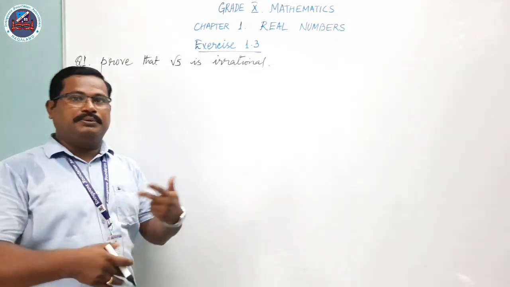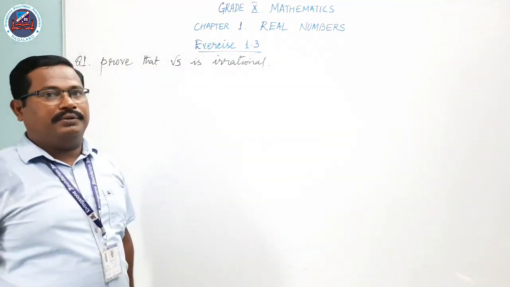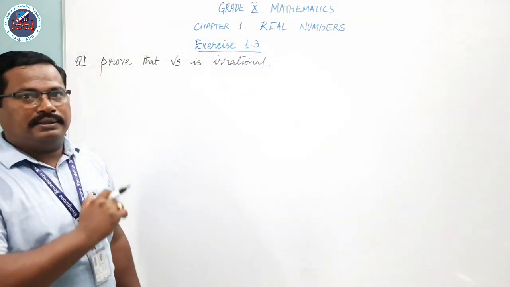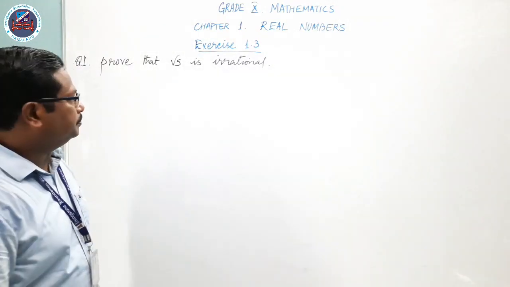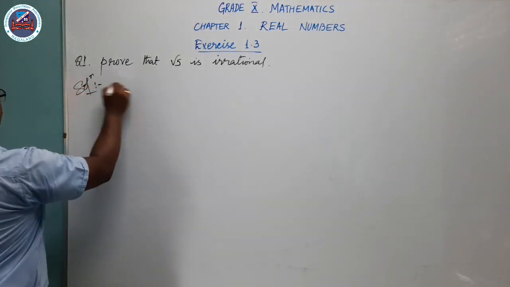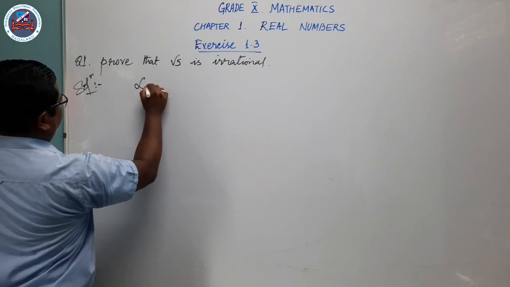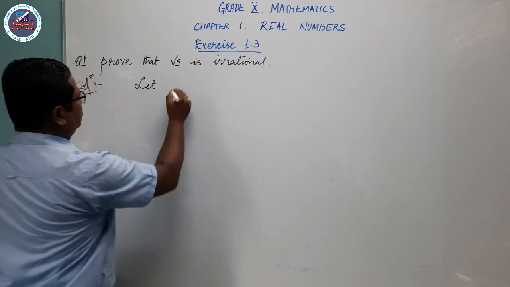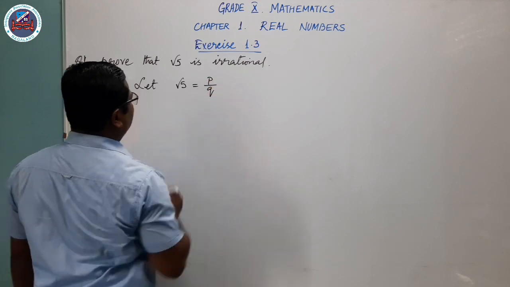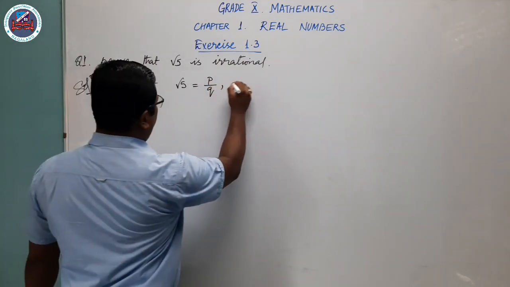Then we'll try to disprove it, that it cannot be rational. And if it cannot be rational, then it must surely be an irrational number. This is our assumption: let root 5 be equal to P by Q, a rational number.